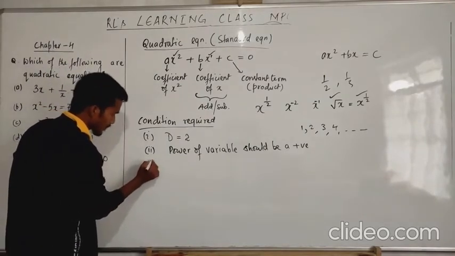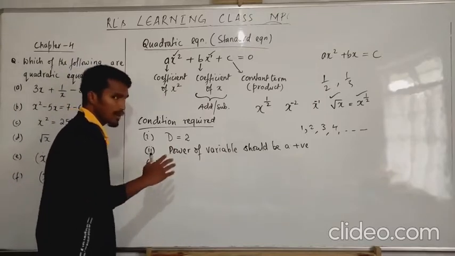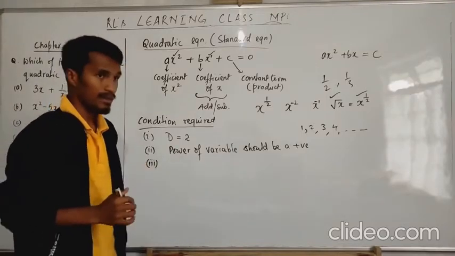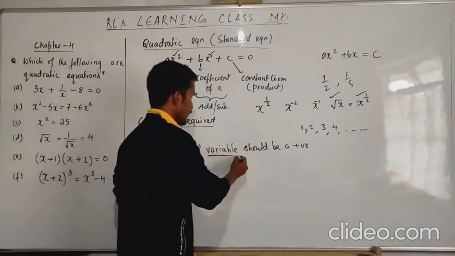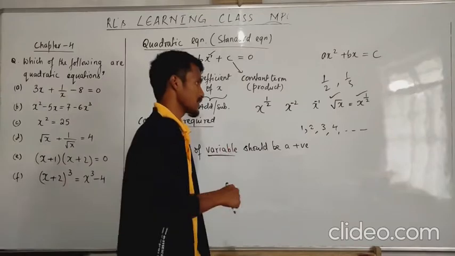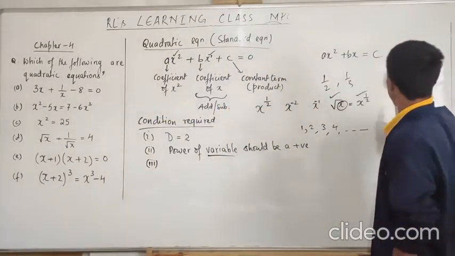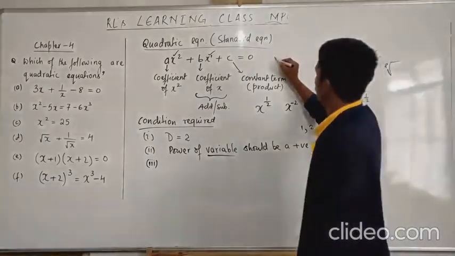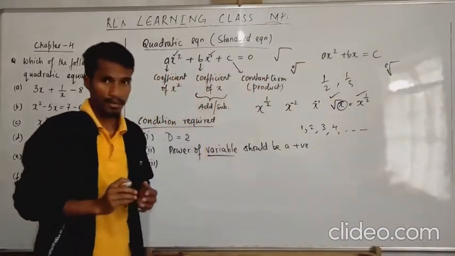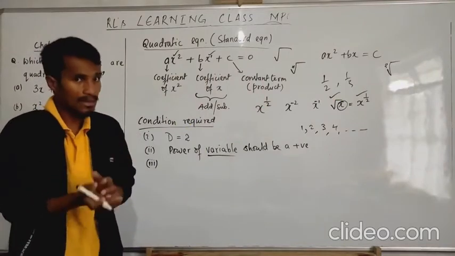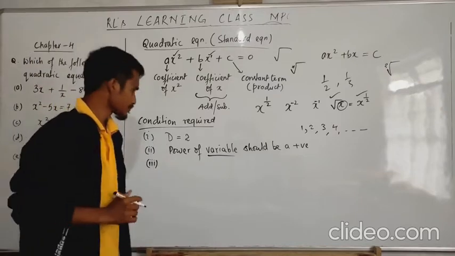Number 3, because some students may be confused, so I'll write one more. The variable should not be under a radical, meaning under a root. What is a variable? x or y or z. This x should not be under a root, either cube root or square root or fourth root, whatever it is. Once your variable is under the root, then that is also not a polynomial.